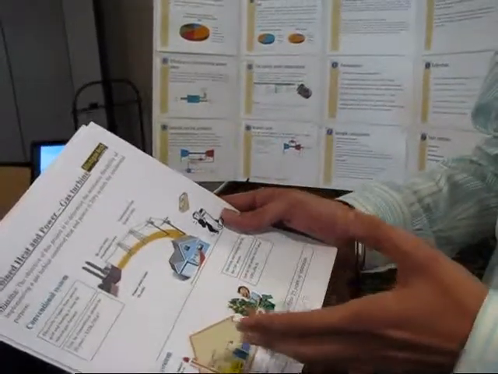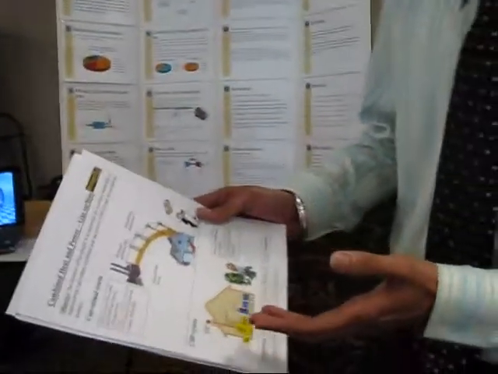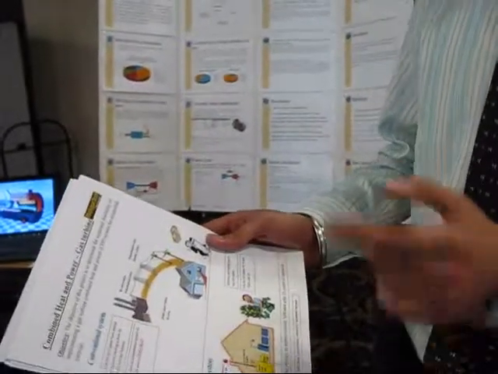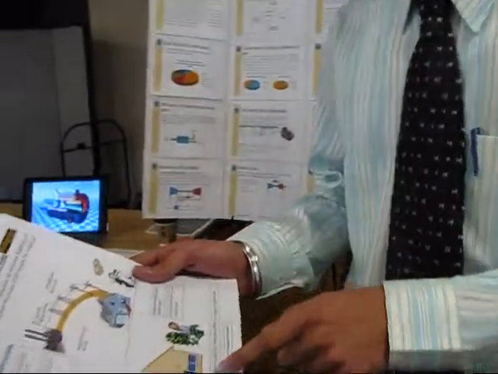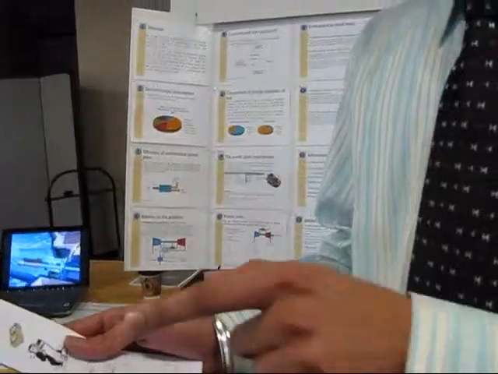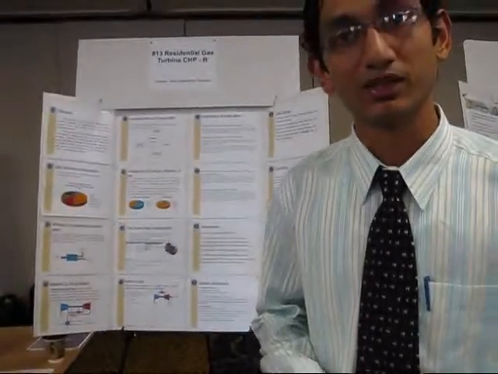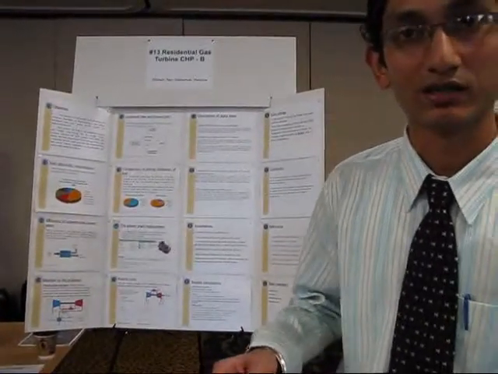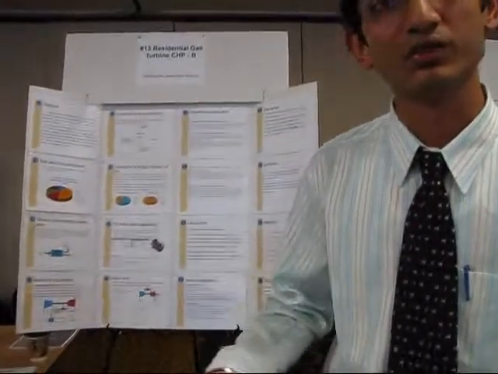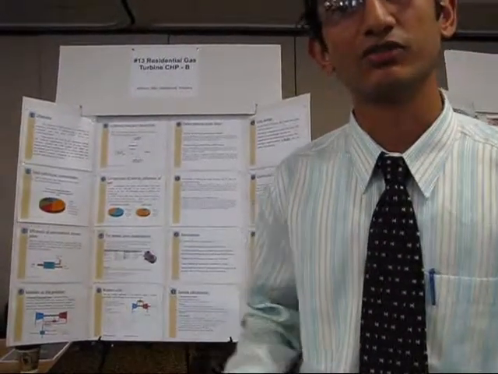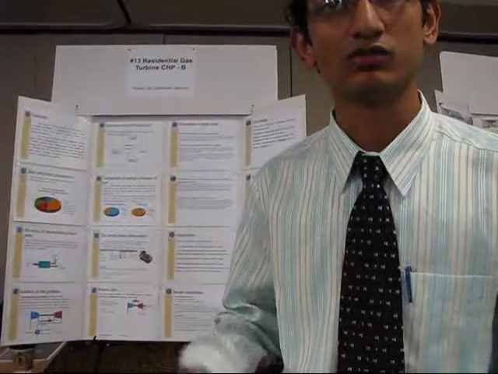In Denmark and the Netherlands, around 40% of the electricity capacity comes from CHP, whereas in the USA there hasn't been an impetus to this system. There hasn't been enough education to the masses, so only 7% of the electricity needs come from CHP. But the EPA and DOE have an ambition to increase it to 14% up till 2010, which implies an addition of 50,000 megawatts to the present capacity of CHP.